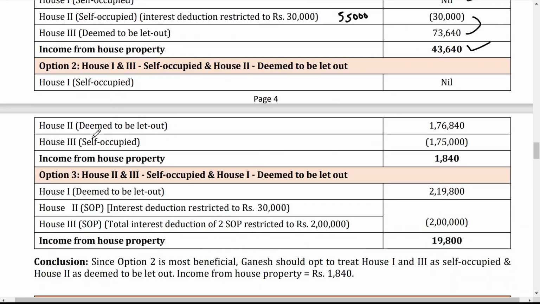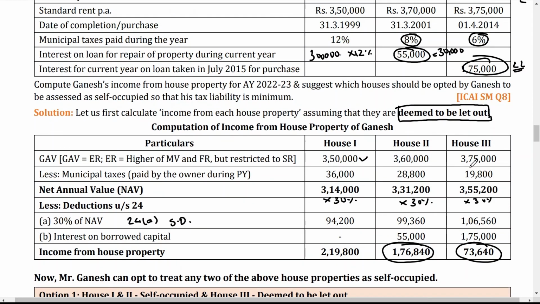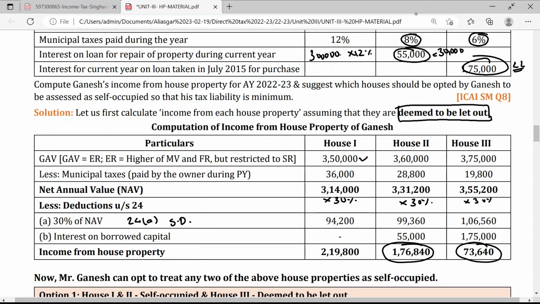For house 3, it is self-occupied, so what interest on borrowed capital are you paying? 1,75,000. So this 1,75,000 is available as a deduction.